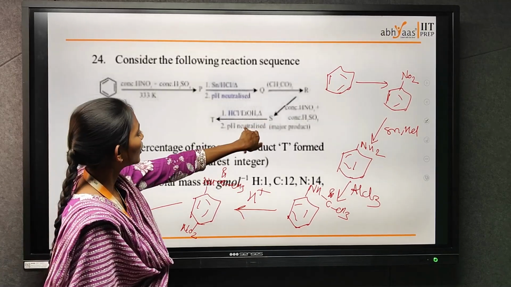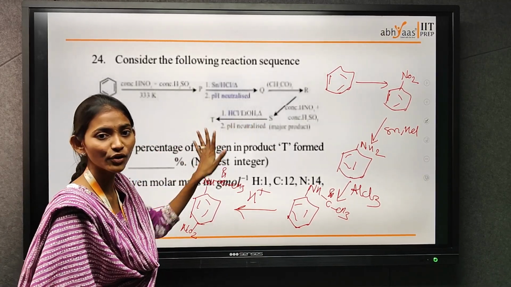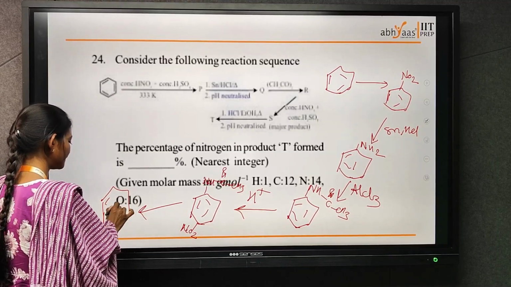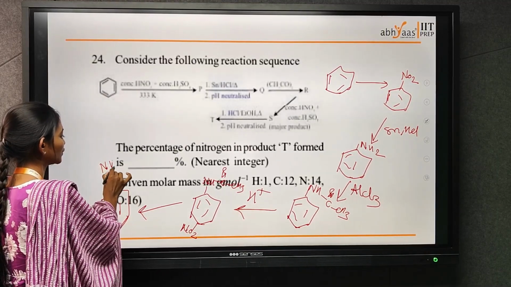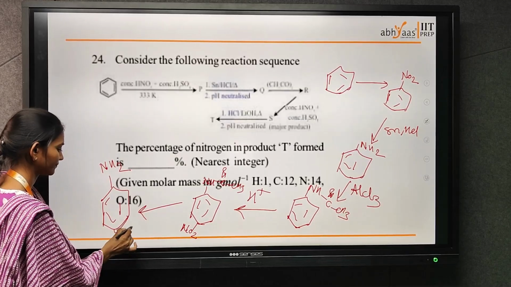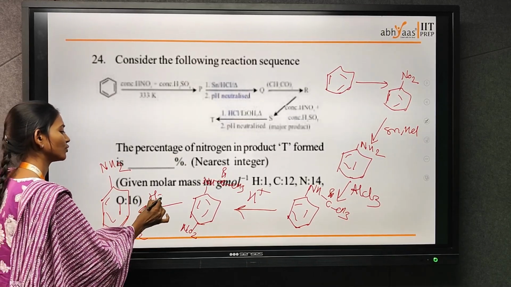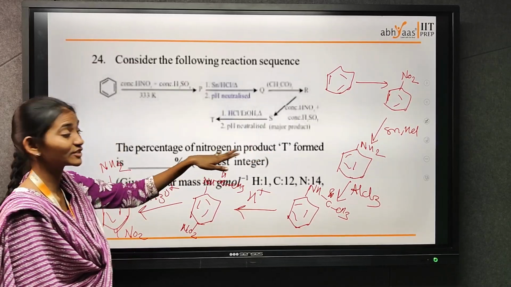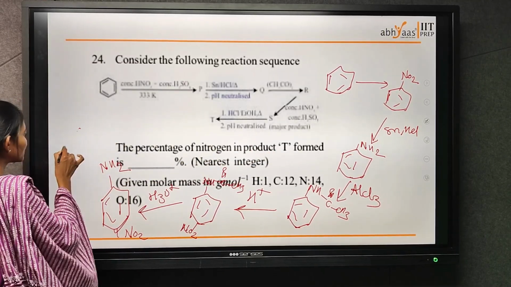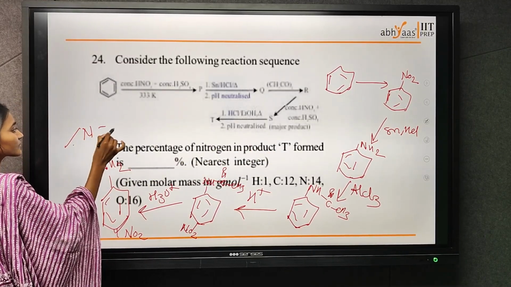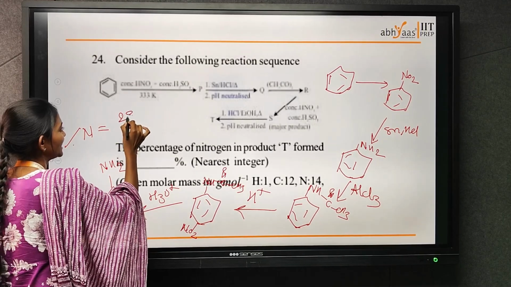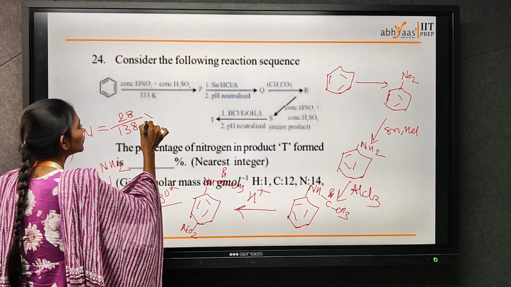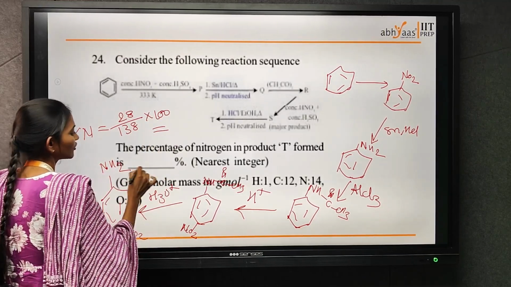And upon again doing hydrolysis, we are getting the NH2 compound with nitro. So they are asking for the percentage of nitrogen in the product. So coming to the percentage of nitrogen, it is 28 by the gram molecular weight, 138, into 100, you'll get your value.